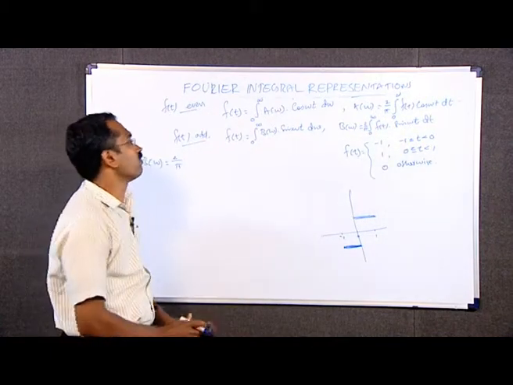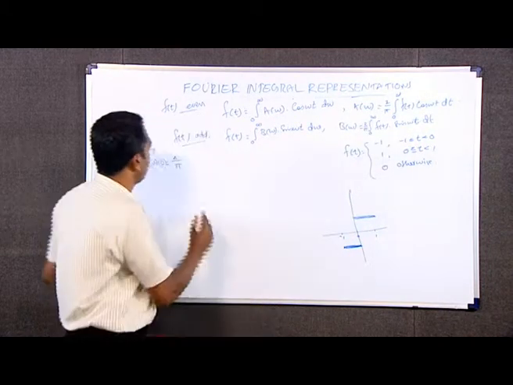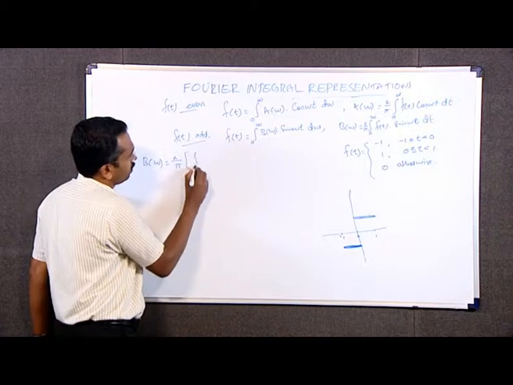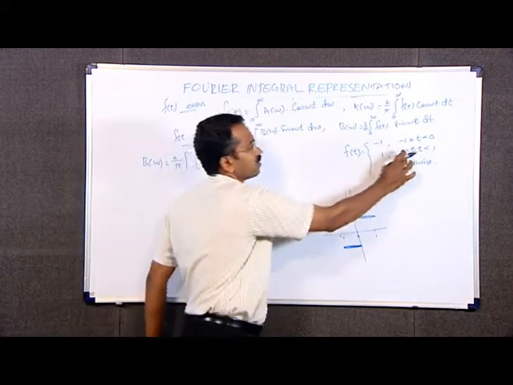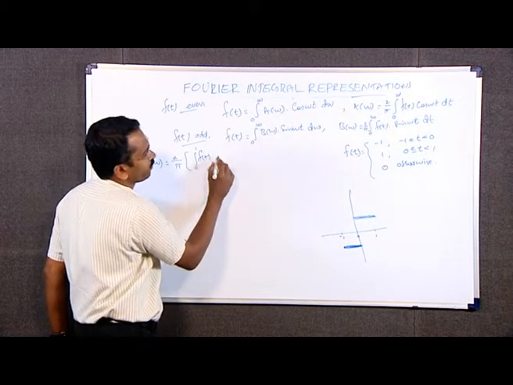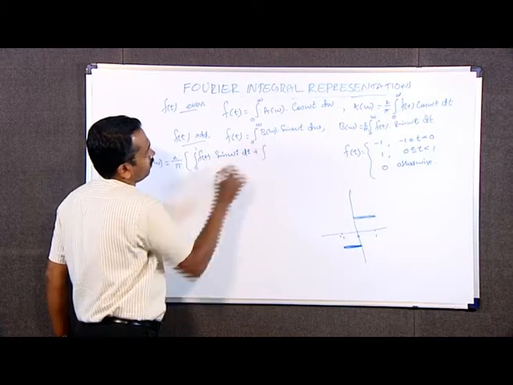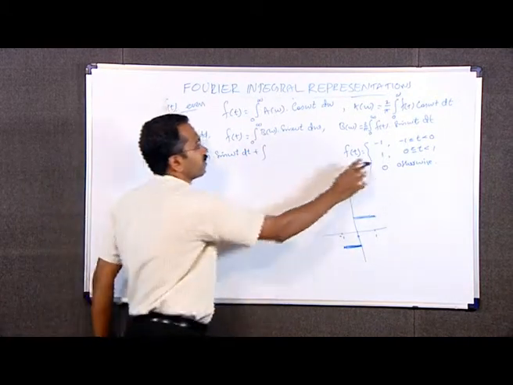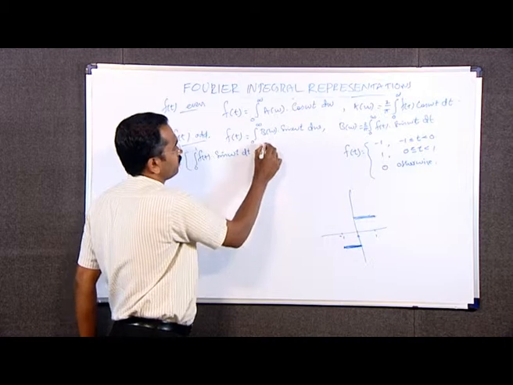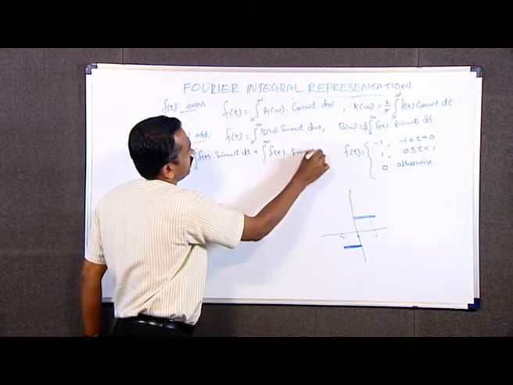We have to split this range 0 to infinity as integral from 0 to 1 of f of t into sin omega t dt plus integral from 1 to infinity of f of t into sin omega t dt.